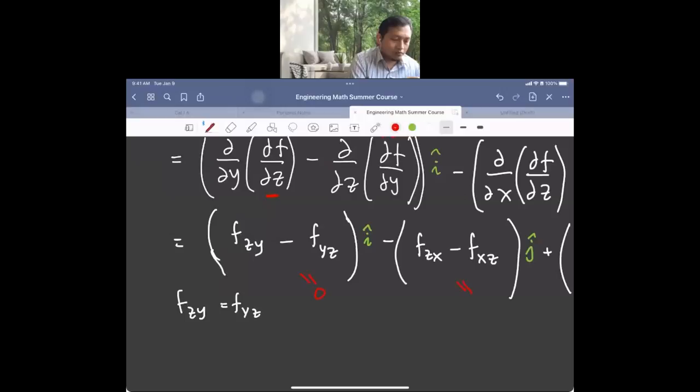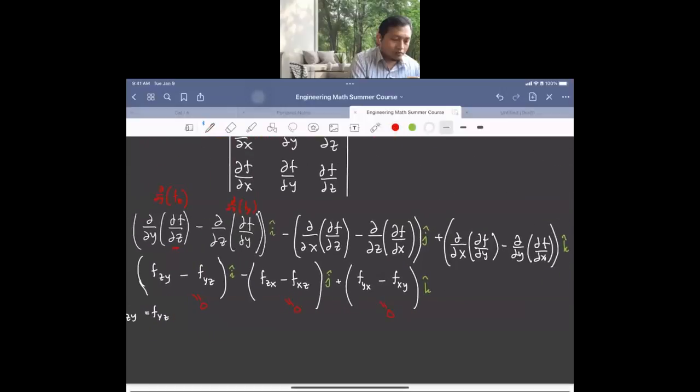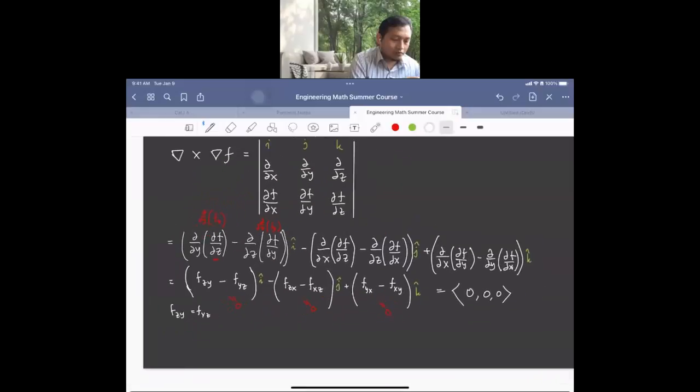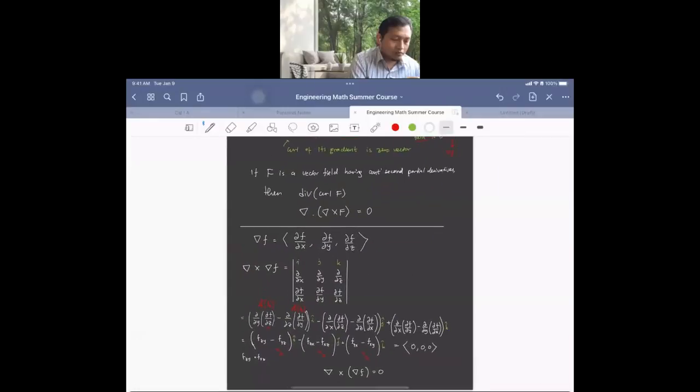So this all becomes 0, 0, 0. So we can say that del cross del f is 0.